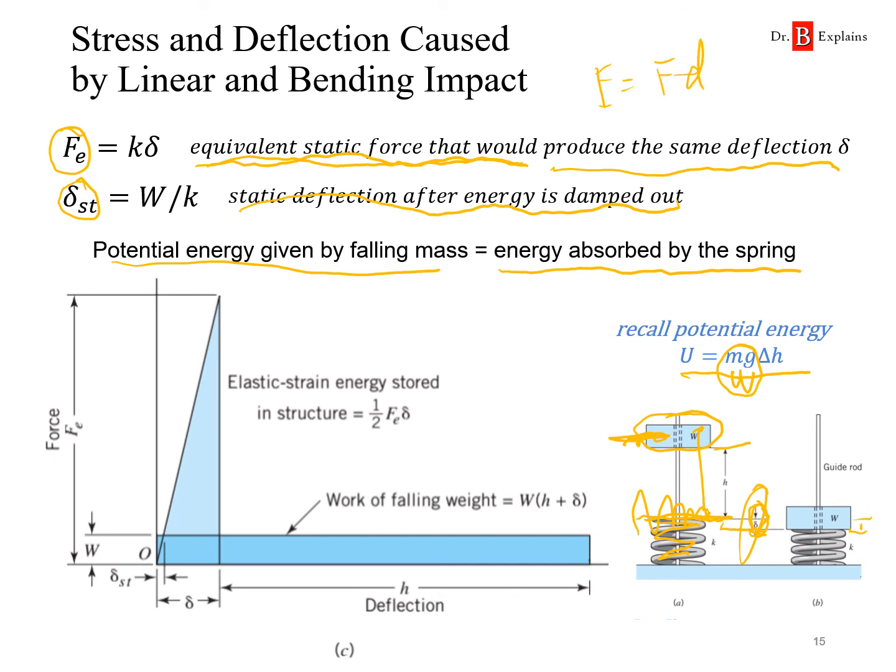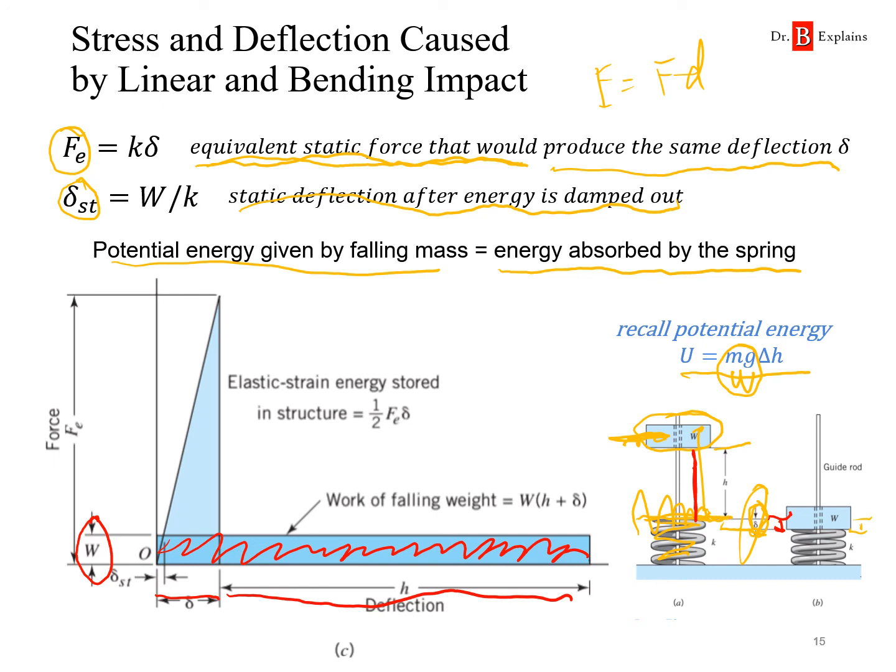So the force is going to be provided by the weight, mass times gravity, and then the distance is going to be the height H, which is this guy, plus the little bit of give from the spring. And so all of this here in dark blue is the potential energy given by the falling mass.